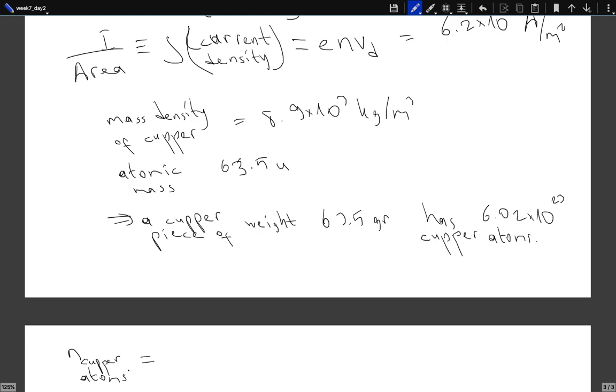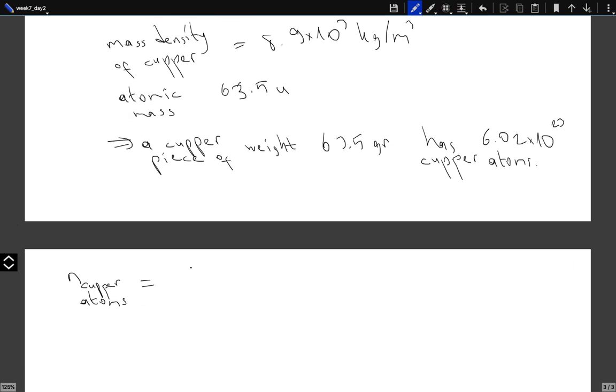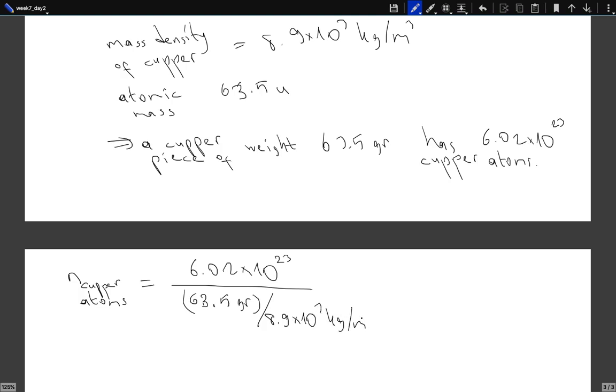Well, we know the total number, so the number density will be the total number. This is the total number of copper atoms. What is the volume? Well, the volume is its mass, 63.5 grams, divided by the mass density, 8.9 times 10 to the power 3 kilograms per meter cubed.